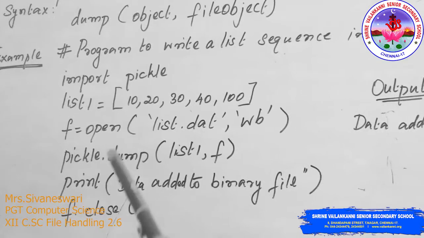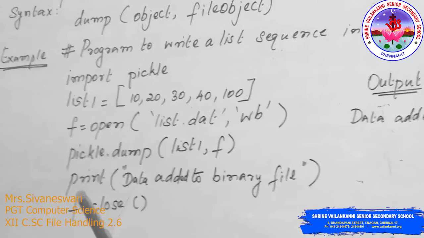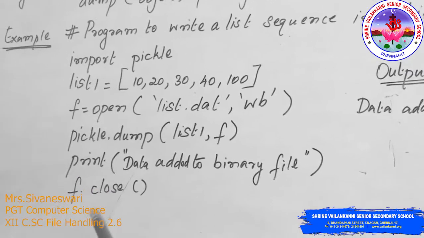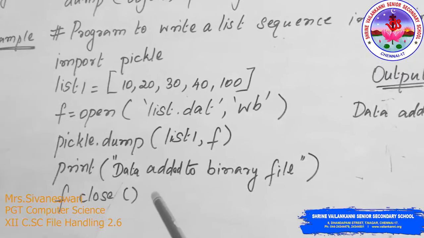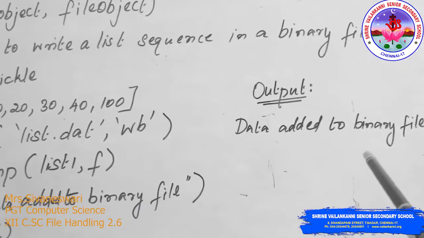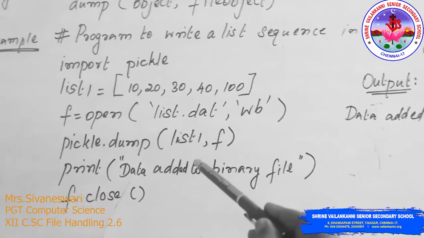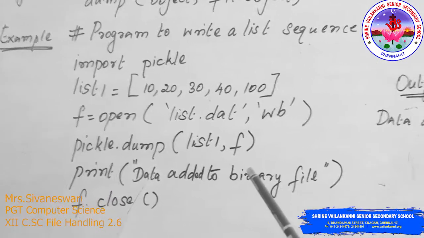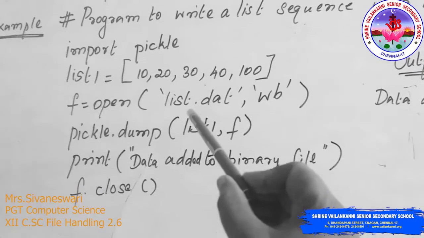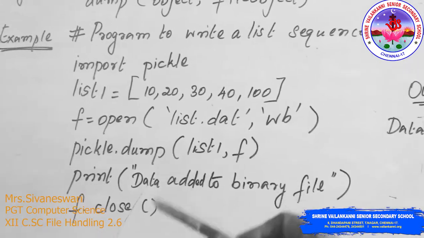Just to confirm whether this program is executed, we give a print statement to be printed in the output, print of data added to binary file, and we close the file. As soon as we execute this script, we get the output: data added to binary file. After executing this script, if we go to the default path, that is the current working directory, and check for the file name list.dat, we will find it, and you will have special characters stored inside it.